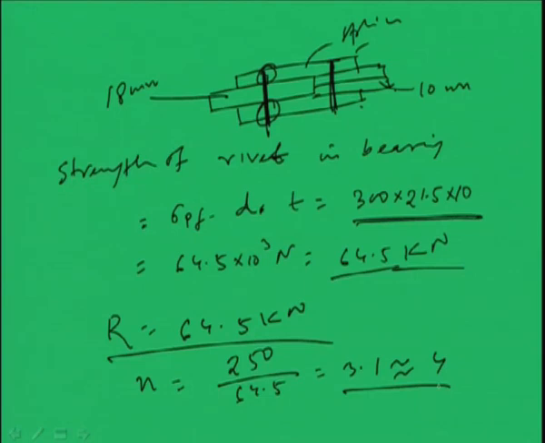Now, what will be the thickness of packing? Because we have to see this is 18 millimeter and this is 10 millimeter. So the thickness of packing will become 18 minus 10, 8 millimeter.